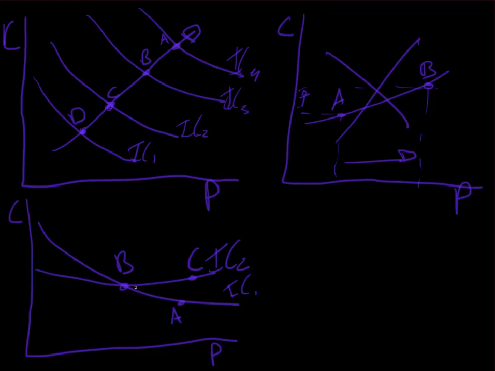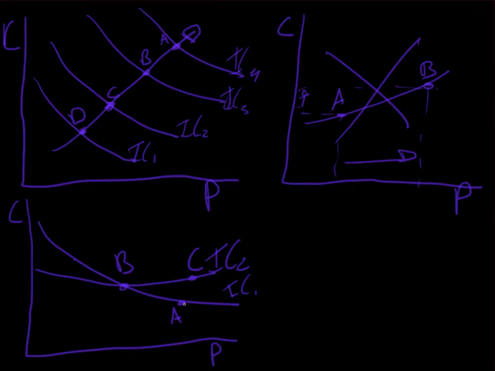Then afterwards, since we're dealing with 2 points along the same indifference curve again, they both lead to the same level of happiness between point B and point C and all other points, because it's along this same indifference curve.